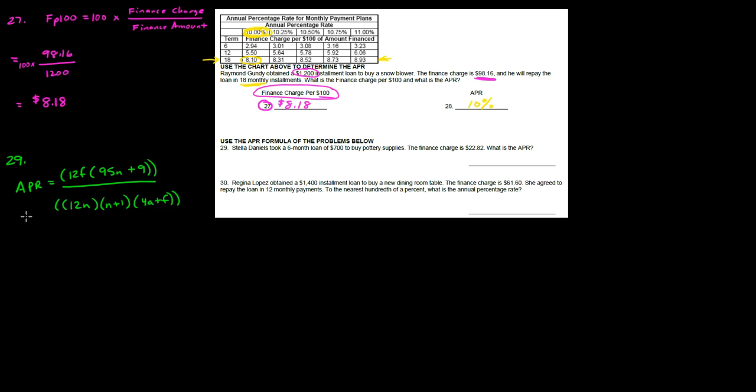So remember that when we do these, the F is the finance payment amount. The N is the number of payments.